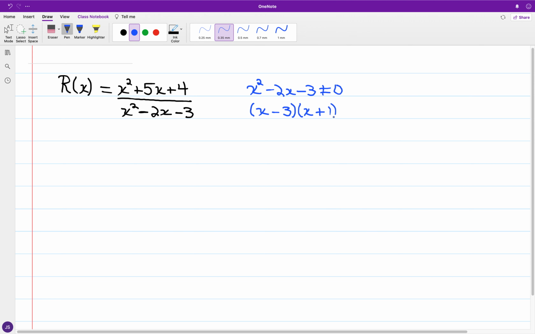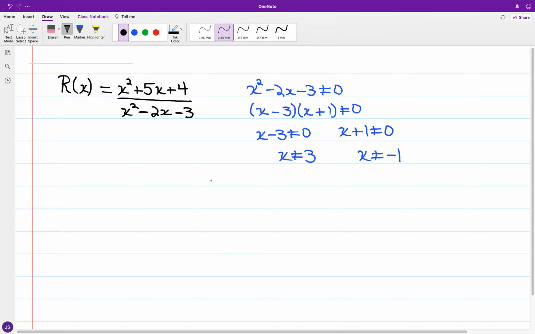With the factors x minus 3 and x plus 1, x cannot be equal to 3, and x plus 1 cannot be 0, so x cannot be negative 1.